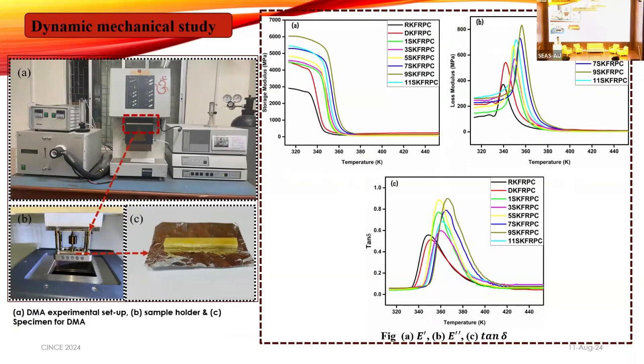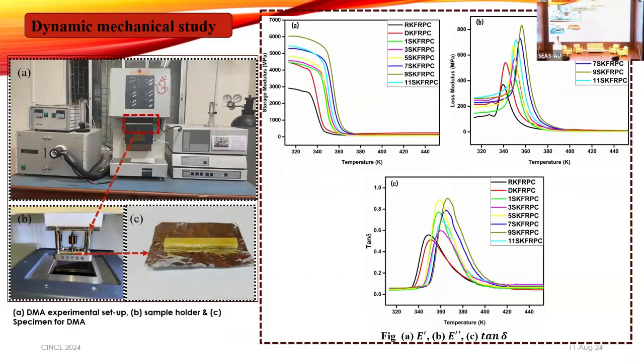These are the dynamic mechanical properties of those composites. As you can see, in case of raw fiber composites, the storage modulus in the low temperature region is around 3000 megapascal, and at 9% silane treated composites we found 6000 megapascal.